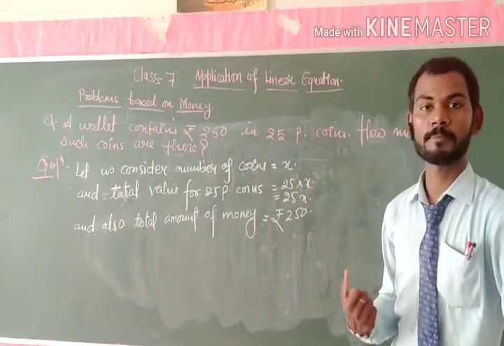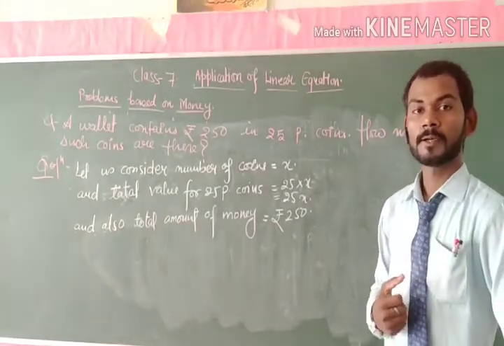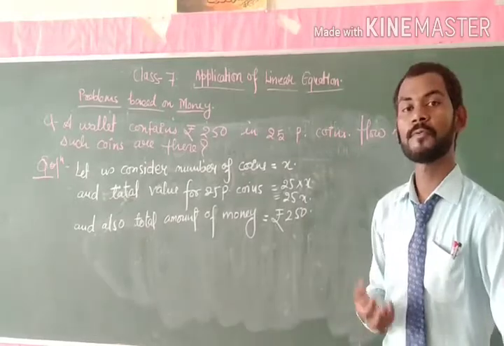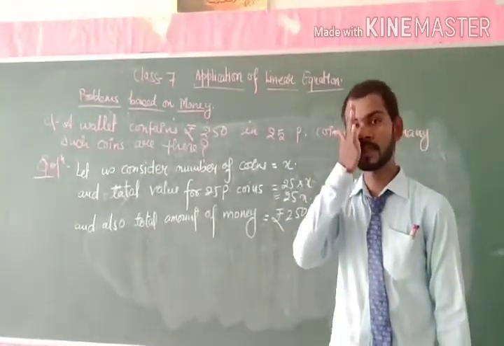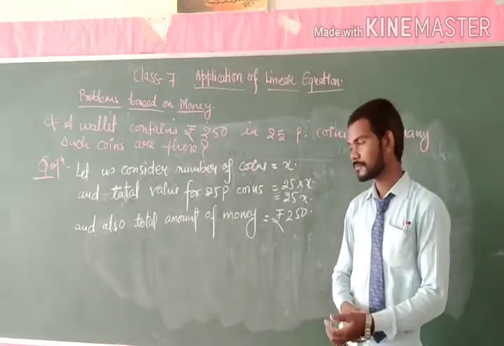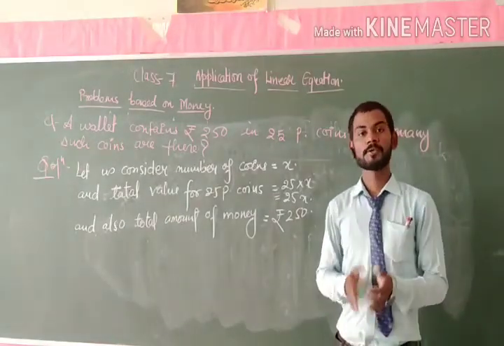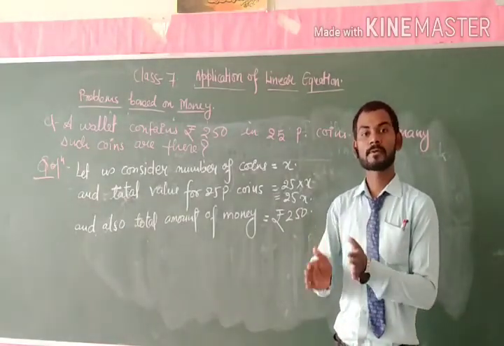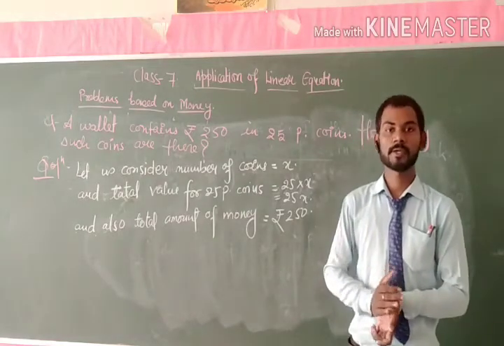As I told you in the previous question, if I gave you 5 notes of 50 rupees, then how much money will you have? For this, you just multiply 5 by 50, you will get your result.